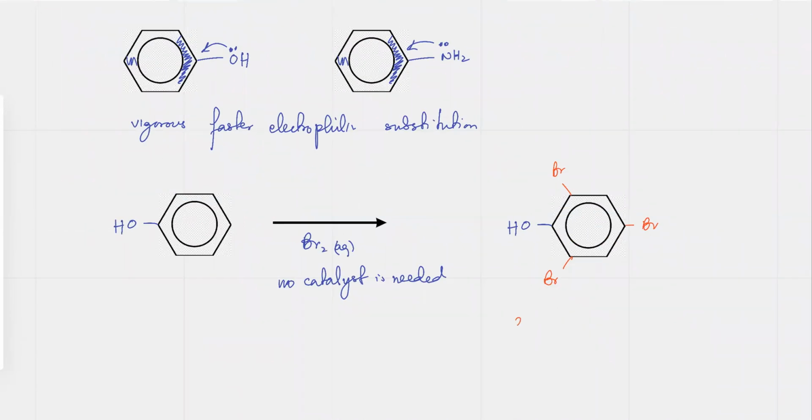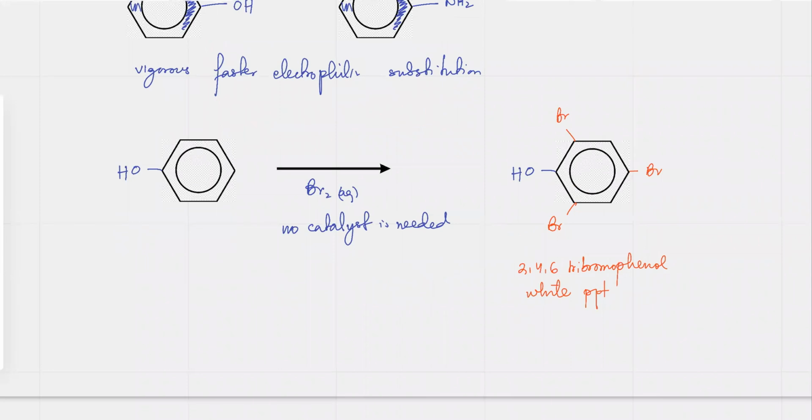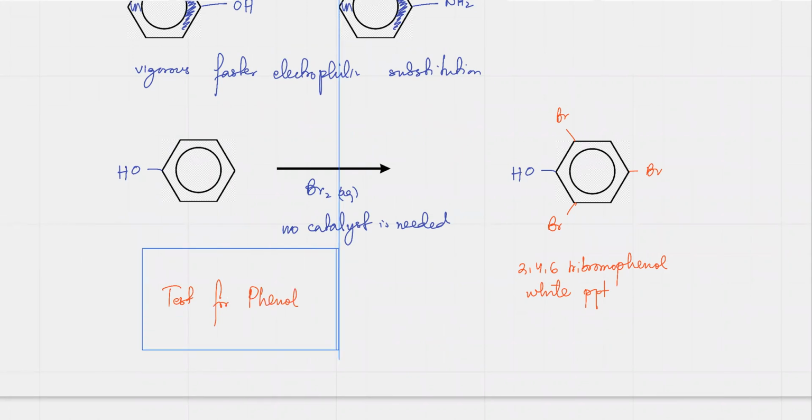And so you get this thing. This one is 2,4,6-tribromophenol, which is a white precipitate, and this one is known as a test for phenols.